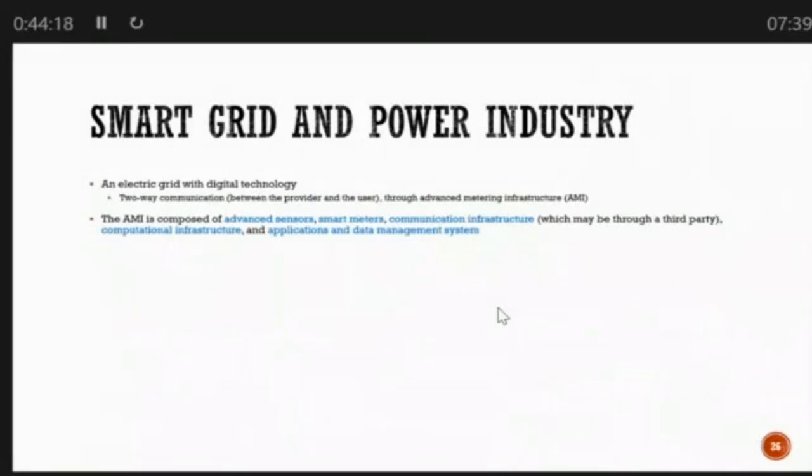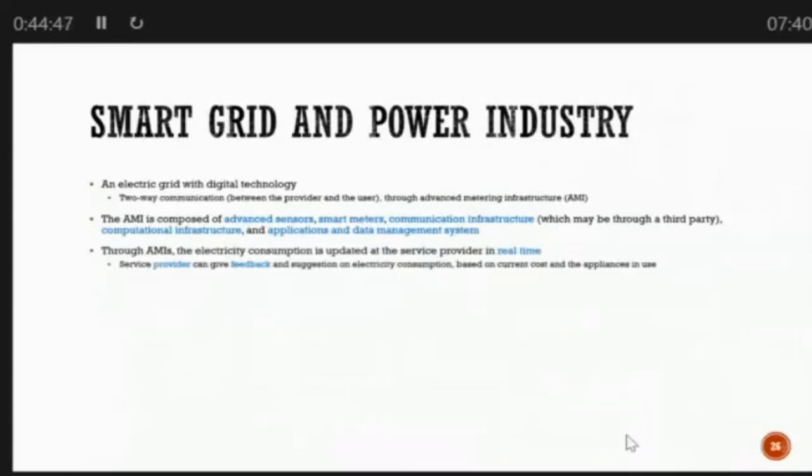But in case of smart grid, the telecommunication industry would be involved as well. This means that you have different entities that are taking part and playing their role. Then you need to compute the data coming from those resources or from those entities. And then you create applications and you manage the data. So this is the part of AMI, Advanced Metering Infrastructure. And AMI is part of your smart grid.